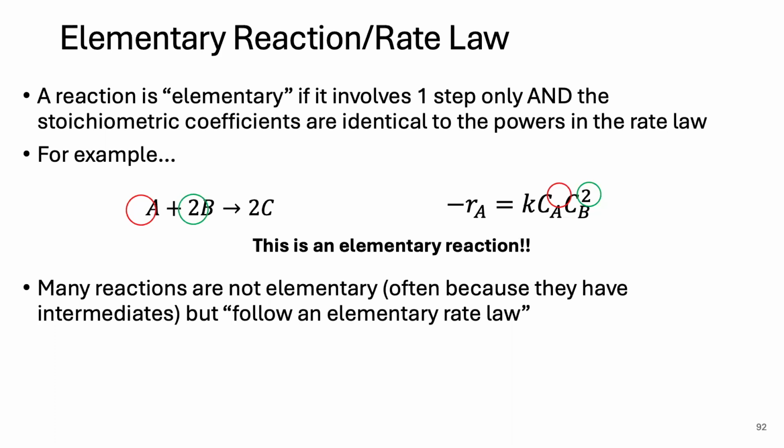And so, for example, if we had the reaction of 1A plus 2B goes to 2C, and we were able to model our reaction rate as k times C_A to the power of 1, C_B to the power of 2, i.e. second order with respect to B, and first order with respect to A, we would call this an elementary reaction. But again, this is not always the case and not something we necessarily want to assume. We want to use experimental data to inform what the reaction rate law is.